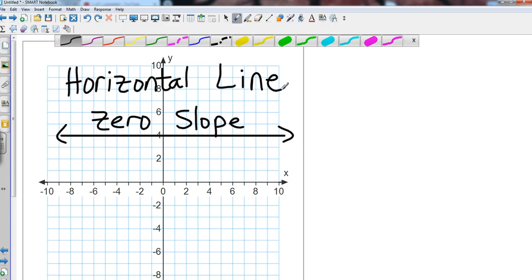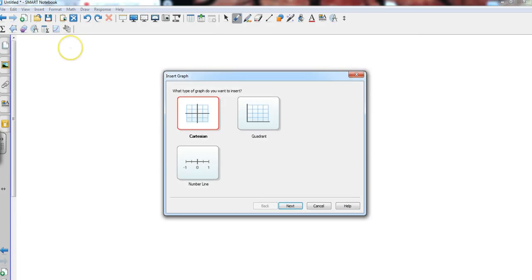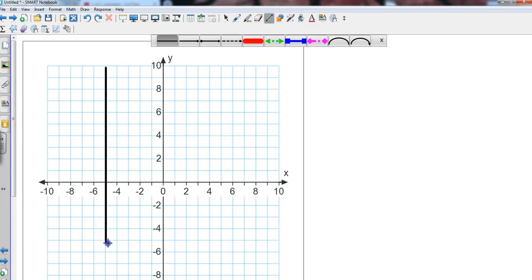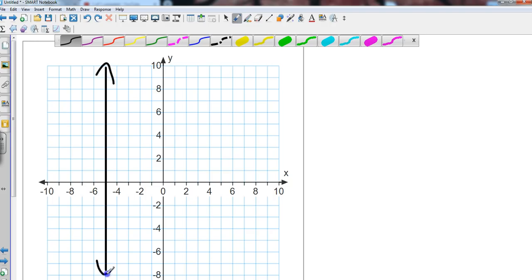Okay, and so obviously with a vertical line, we're probably going to have a special slope as well. So if I have a vertical line, something like this, the vertical line has no slope.